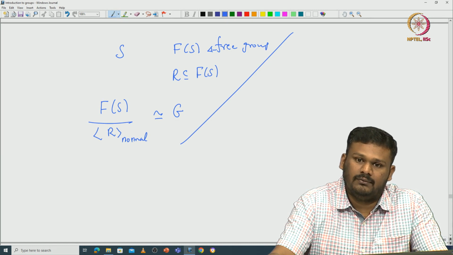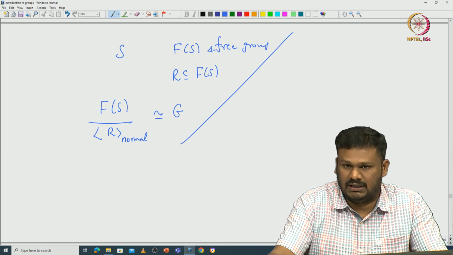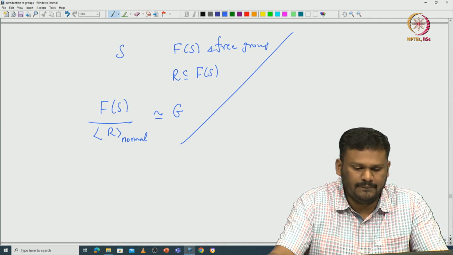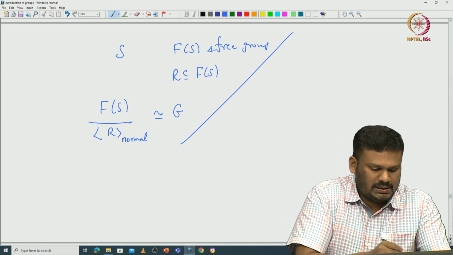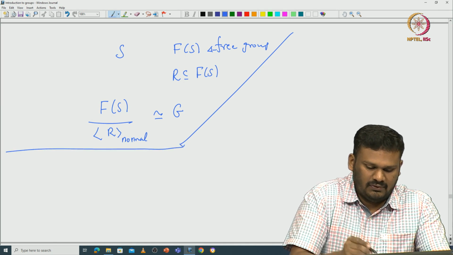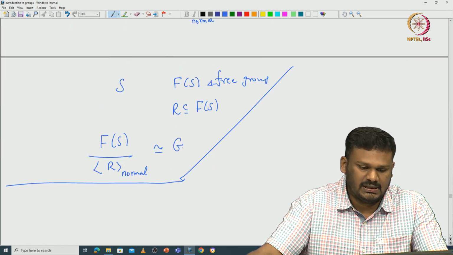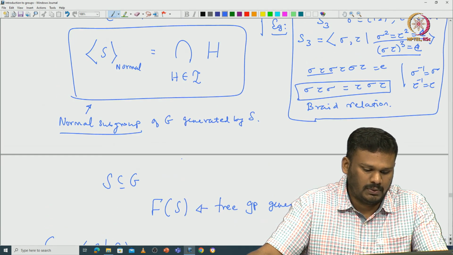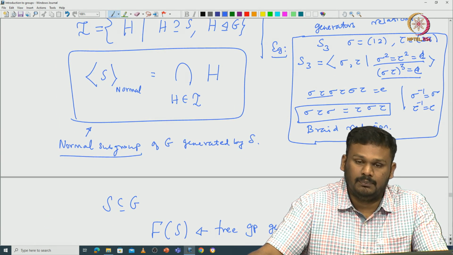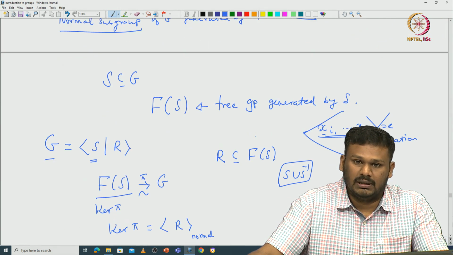You can have many different sets of generators, and once you choose one particular set of generators, the relations will depend upon the set of generators that you choose. As I promised, we will discuss these things later, but you can see that the normal subgroup generated by some subset plays an important role when it comes to a presentation of a group.